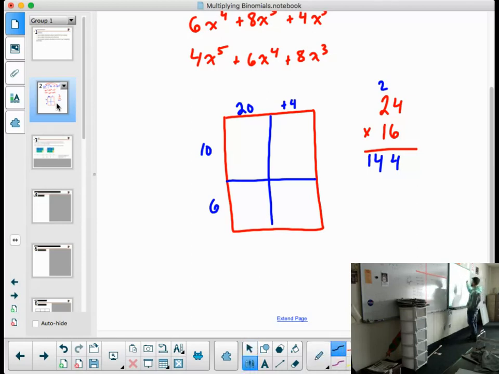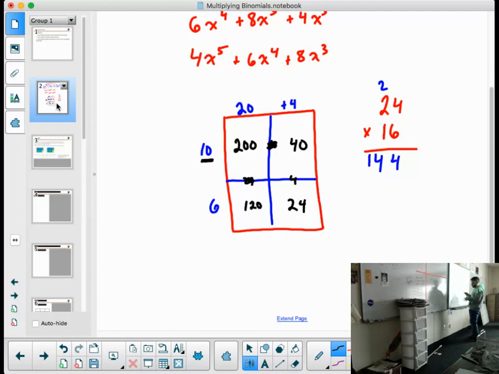20 times 10 is 200. That's an easy multiplication to do. This value of 10 would be transferred here. 10 times 4 would get you 40. So right now we're at 240. 20 could be transferred here, and a 20 by 6 box would be 120. And then 4, which could be transferred here, a 4 by 6 box would be 24.